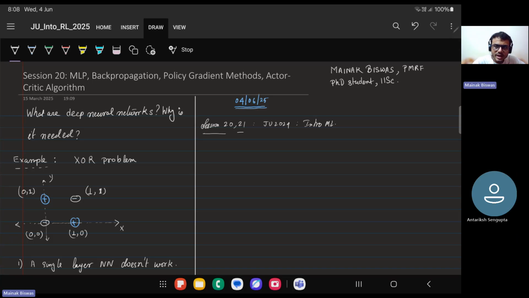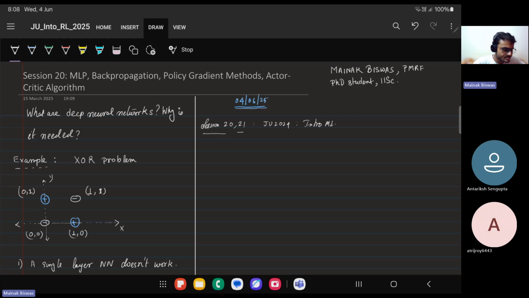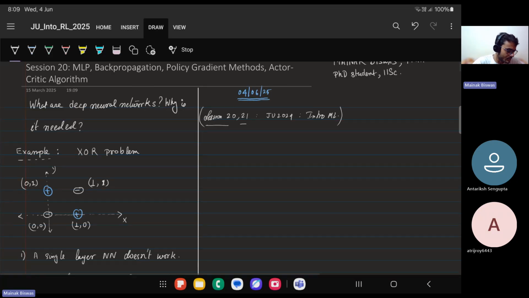Today also we'll be doing it in some detail, but I'll concentrate mainly on a little more abstract view of it, and not go into the nitty-gritties of every step of the update rules and so on, because our concentration is going to be on the policy gradient methods.